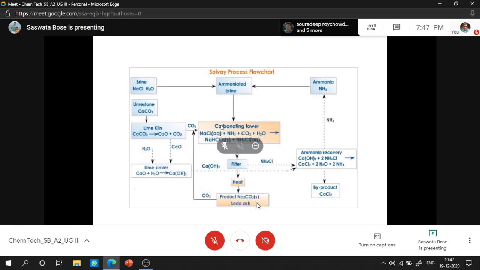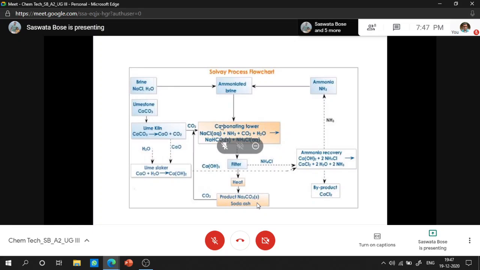From the top of the tower, the ammoniated brine solution flows downward to meet the current of carbon dioxide, which is being admitted at the bottom of the tower.